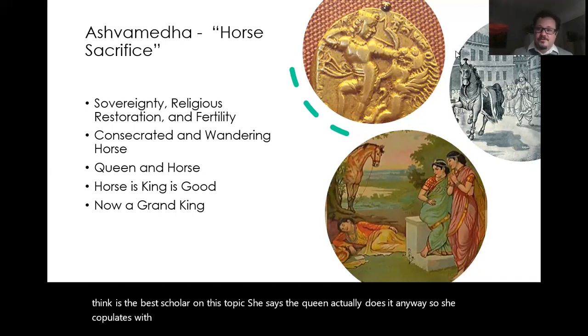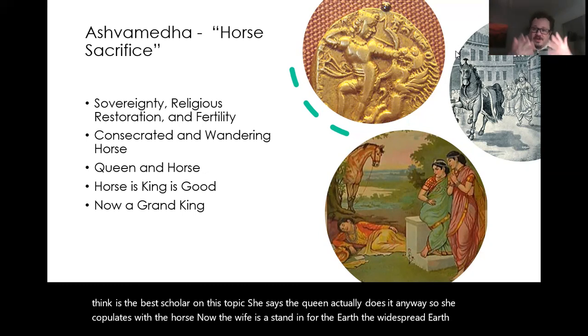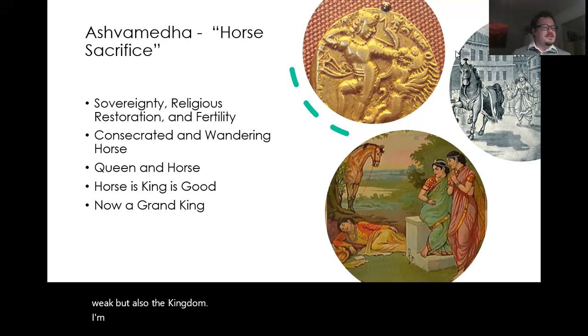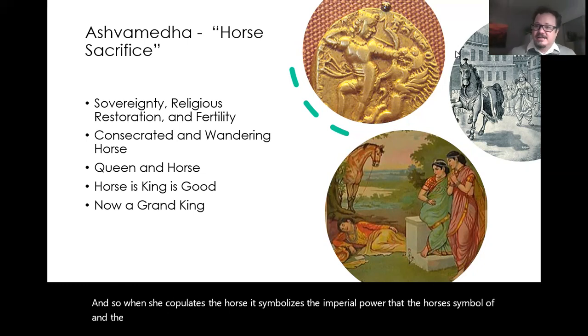Now, the wife is a stand-in for the earth, the widespread earth, Prithvi, but also the kingdom. So when she copulates with the horse, it symbolizes the imperial power that the horse is a symbol of, and the king and the god Indra.